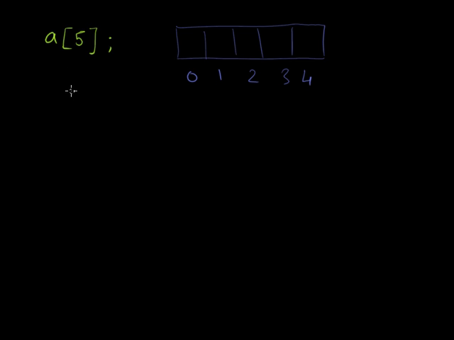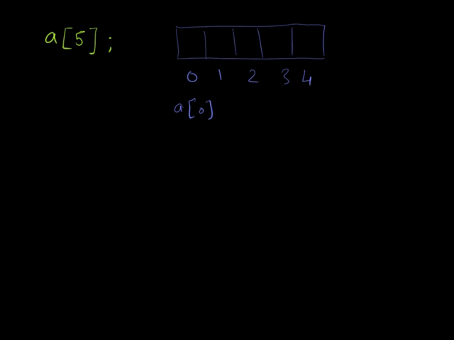So this is a normal array which we have seen in previous lectures, right? And we index that array using a subscript. So if you want the first element, that is the 0th element, you access it using A[0].